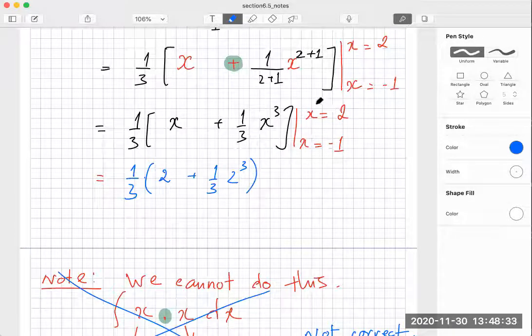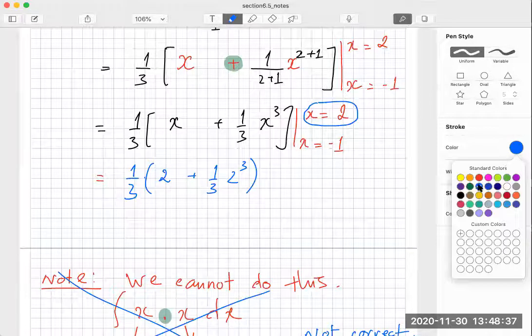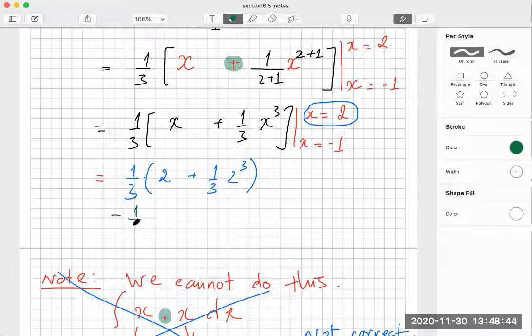We substitute the value of the upper limit into the function here. And then we subtract the evaluation at the lower limit, which is -1 here. And what is next?